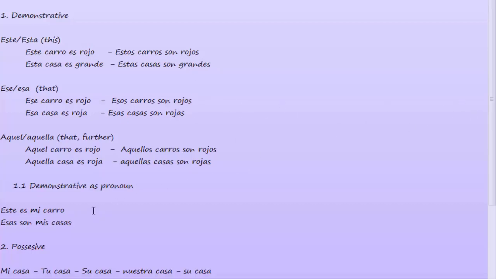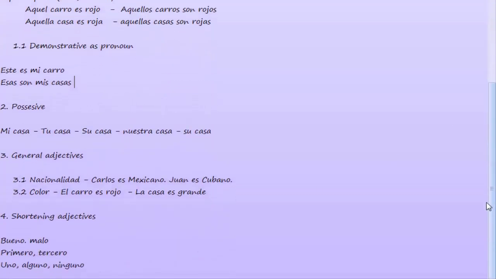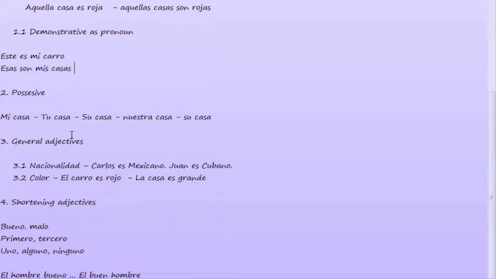Then we have that the demonstrative adjectives also work as pronouns. For example, este es mi carro. This is my car. Esas son mis casas. Those are my houses. Then we studied the possessive adjectives. We have mi casa, tu casa, su casa, nuestra casa, su casa at the end, which applies to ustedes and ellos.